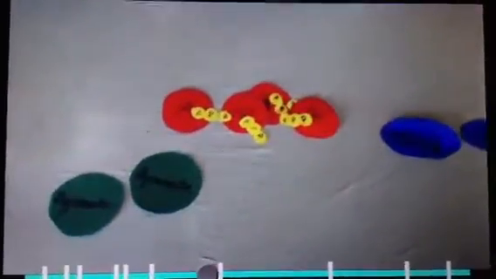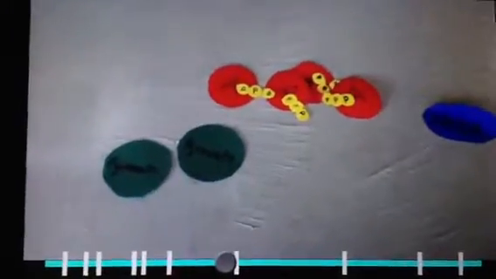Later in the cycle, the pyruvates donate their four phosphate groups back to four ADPs, making them into ATP. In summary, the outputs of glycolysis are two pyruvates, two NADHs, and four ATP.